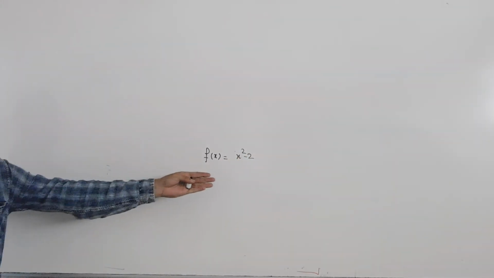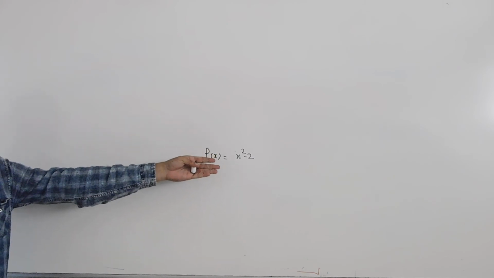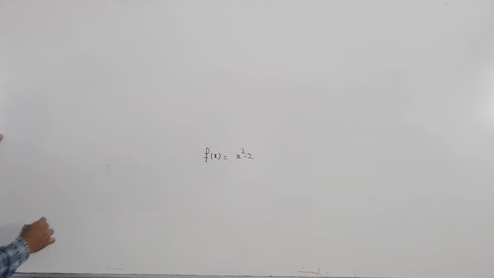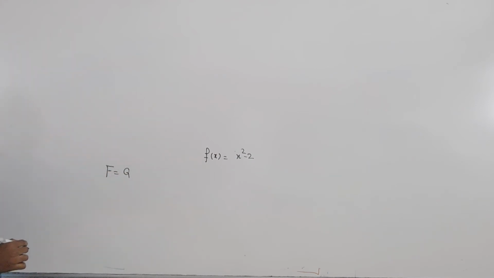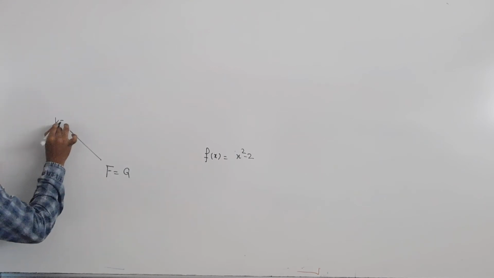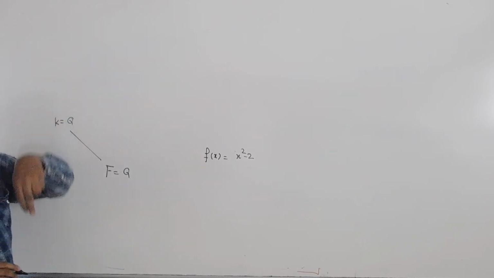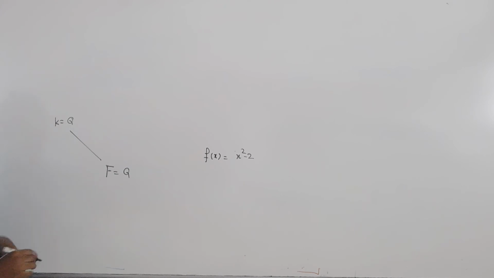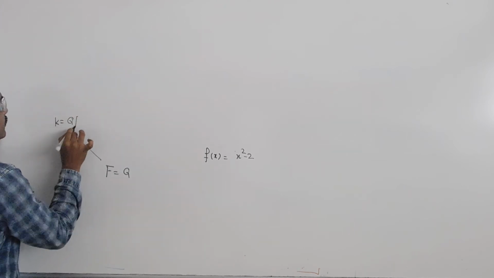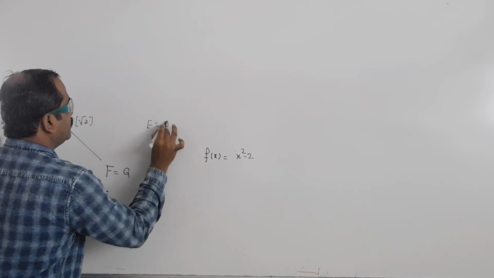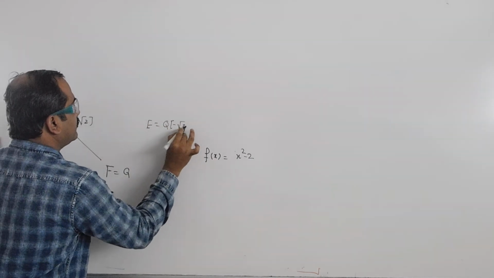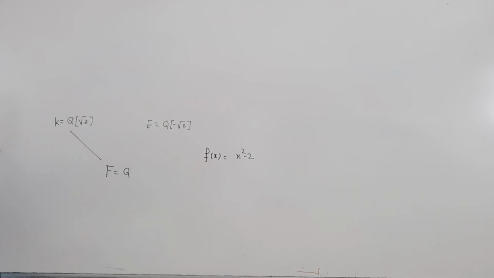What are the roots? Plus root 2, minus root 2 over Q. The base field is Q. Now if somebody takes K equal to Q of root 2, and the other one takes E equal to Q of minus root 2.